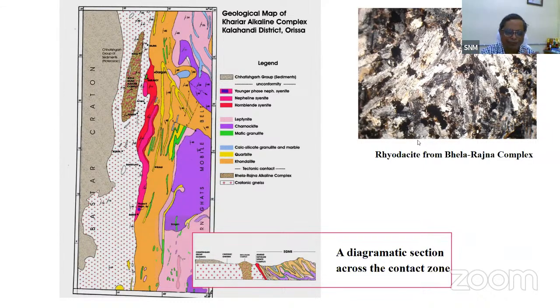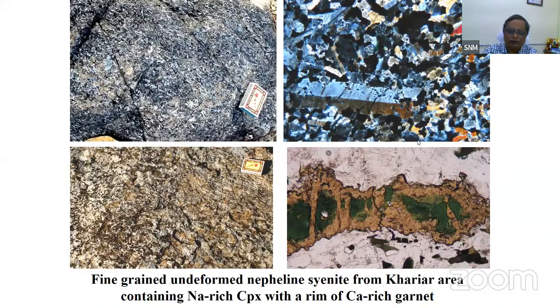Me and my co-workers have worked in this segment. People have mapped this and many things have been done, but mainly our contribution is to say that here there are multiple intrusions. You can see here, the majority of the alkaline rocks, that is syenitic or nepheline syenites, are deformed.